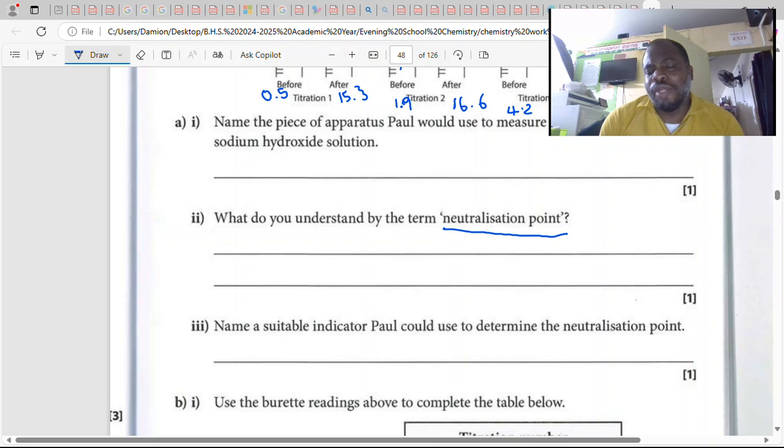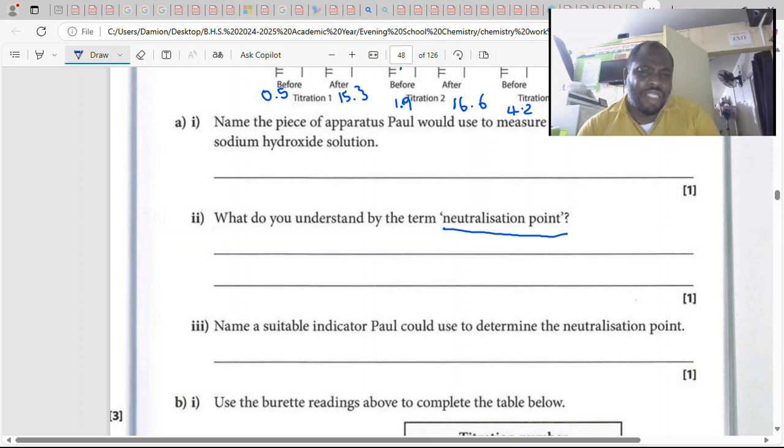All right, so we know neutralization is when you have a situation of an acid reacting with an alkali. And that is primarily what we see happening up there. We have sulfuric acid reacting with sodium hydroxide.